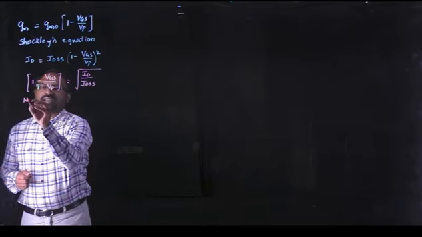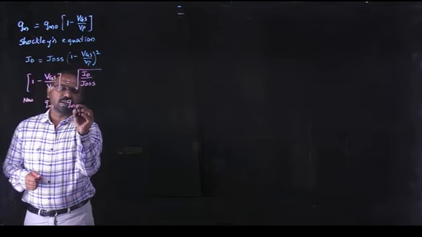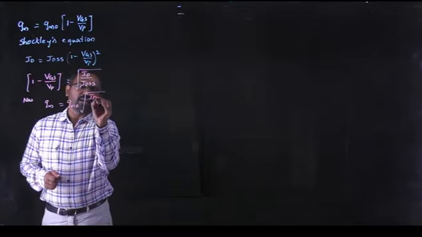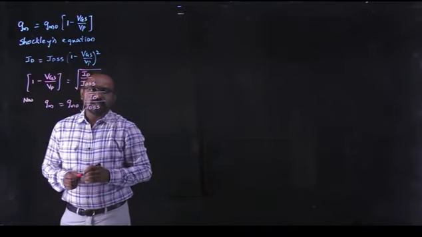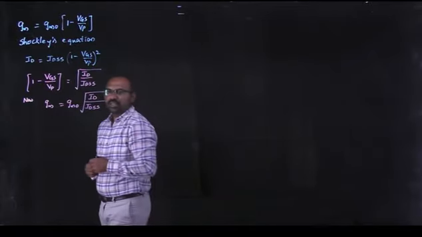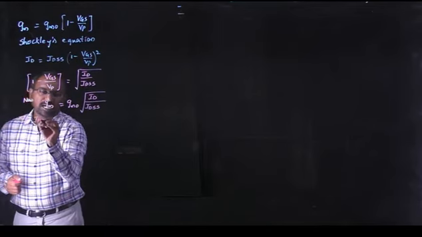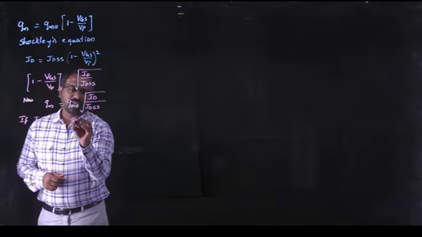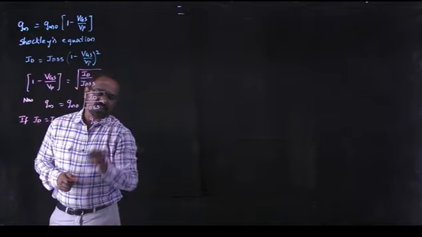Now I can write Gm is equal to Gm naught into square root of ID by IDSS. That means your transconductance also depends upon the ID value. Suppose if ID is equal to IDSS, then Gm will be equal to Gm naught.